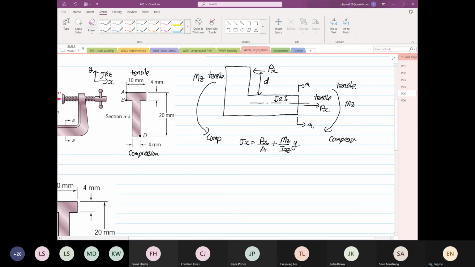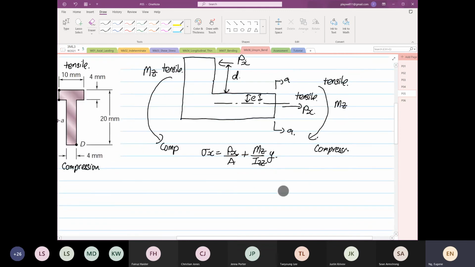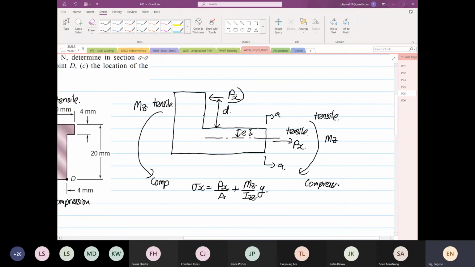Now, one thing I want you to watch. If your applied force is above the centroid, I want you to have a good practice that you take your datum on this surface when finding the centroid.